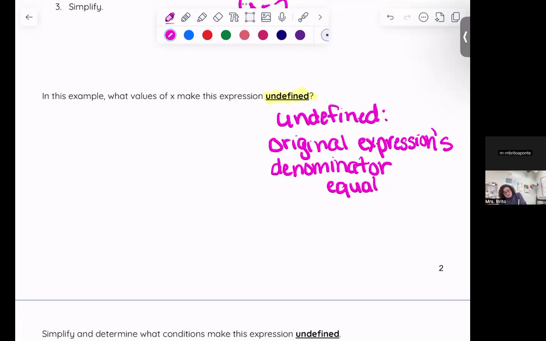Any expression is undefined when the denominator equals 0 because I cannot divide by 0.